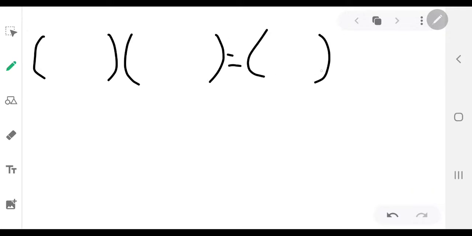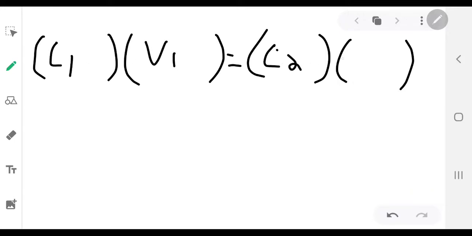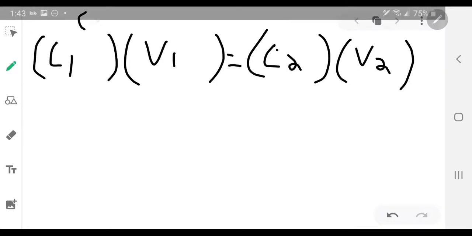So the way I start approaching these problems is that I use the formula. Actually, I start by drawing parentheses, so I can show you this formula. That's an equal sign. C1 V1 equals C2 V2. Okay. And so generally, what I have on the left side of this equation is what you have.